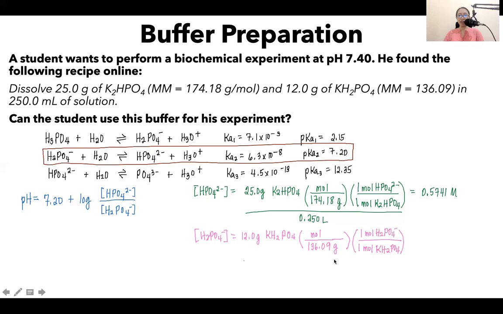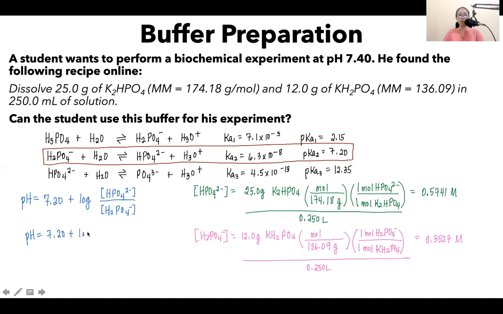Then divide this by the total volume of the solution, 0.250 liter, and you will get a value of 0.3527 molar. Now we have the concentrations of the two components, and we can plug them into our Henderson-Hasselbach equation.